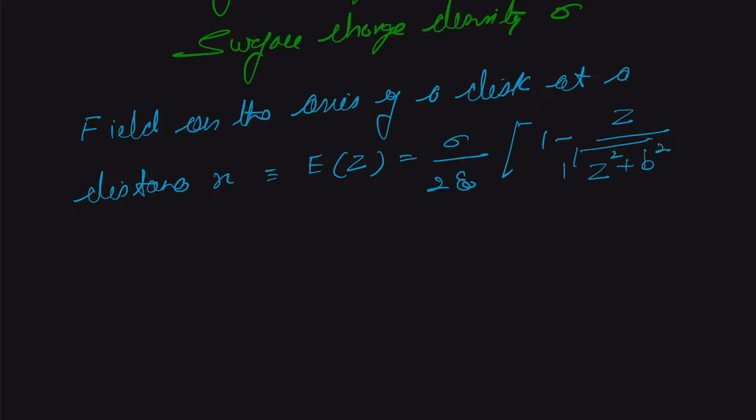Okay, so this is our formula for the field on the axis of a disk at a distance z.